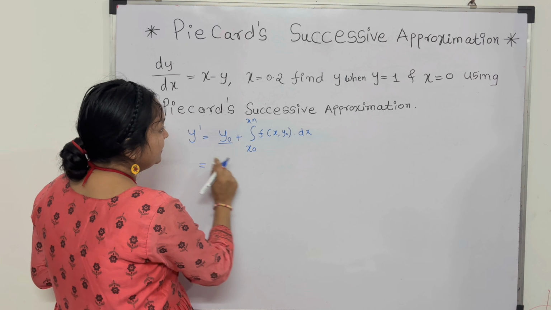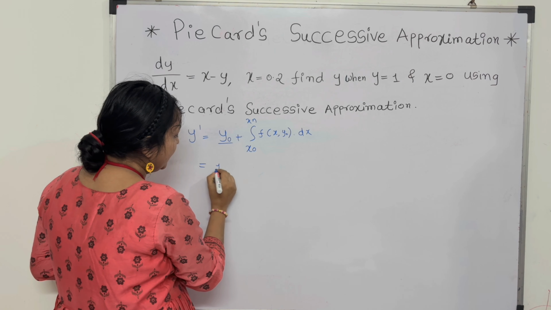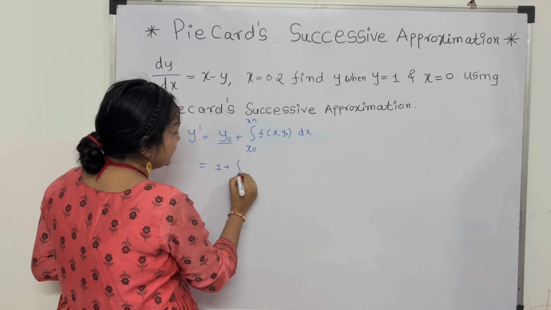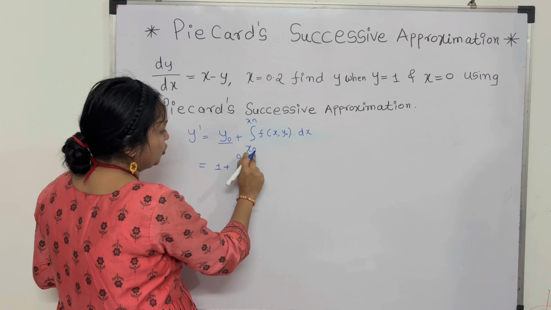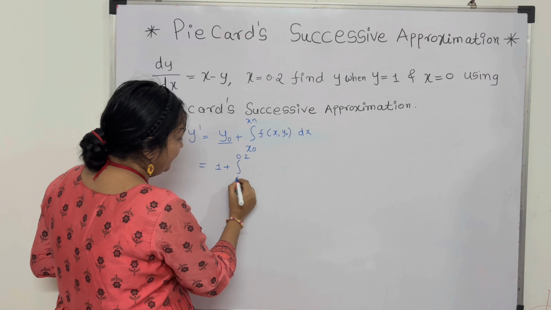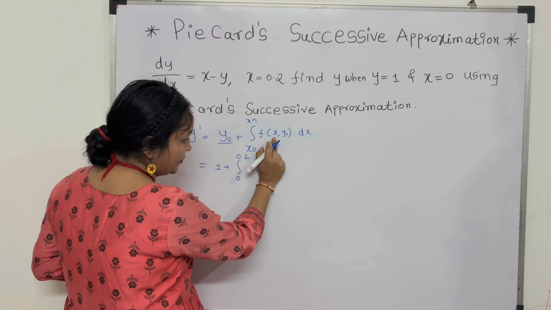So you have y0 initial value of 1 plus the integral, where the upper limit xn is 0.2 and the lower limit x is 0, of the function of x and y0, so x minus y. You have to consider this function and do the iteration of this, right?